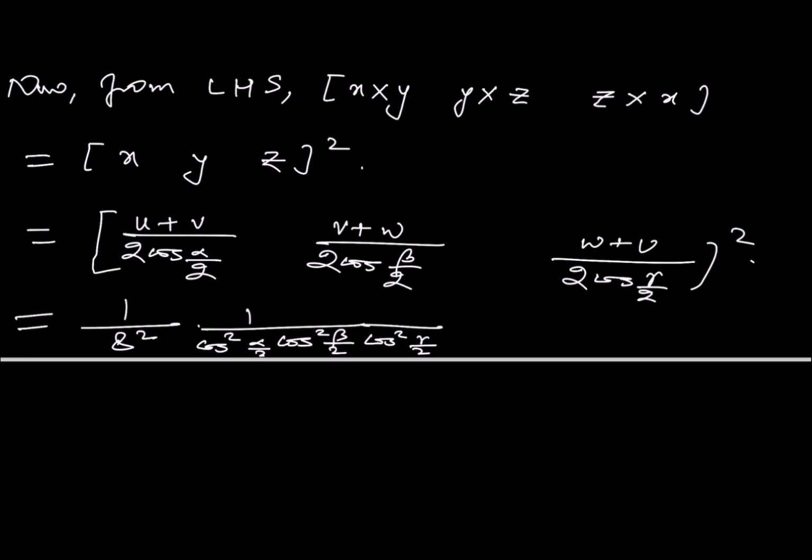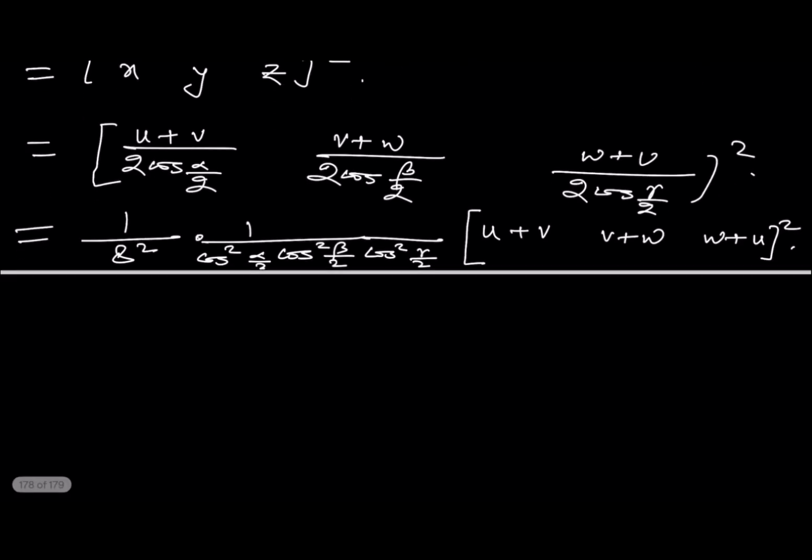Okay, this will be u plus v, v plus w, w plus u in box whole square, right?